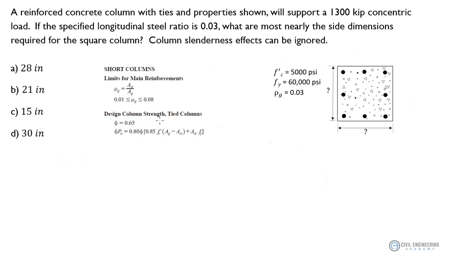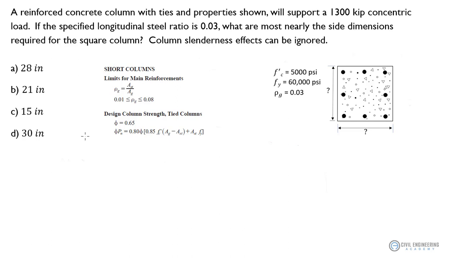And then our strength equation: phi P sub n equals 0.8 times your phi factor, all times 0.85 times F prime sub C times the difference between the gross cross-sectional area of the column minus the area of the steel, plus the area of the steel times the yield strength of the steel. So we're going to use this equation to solve this thing.